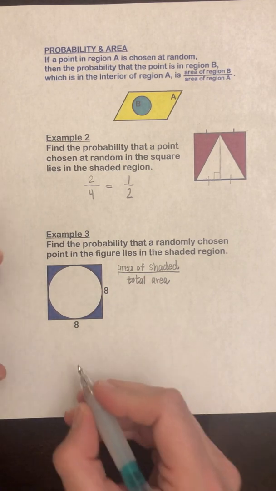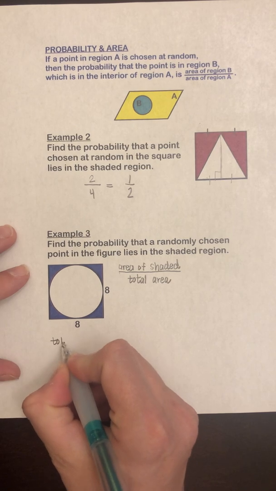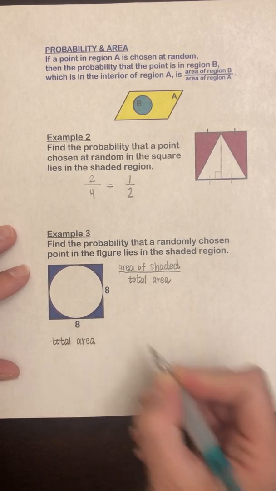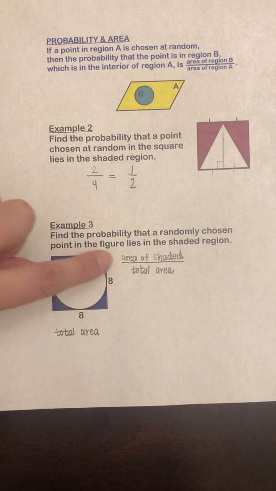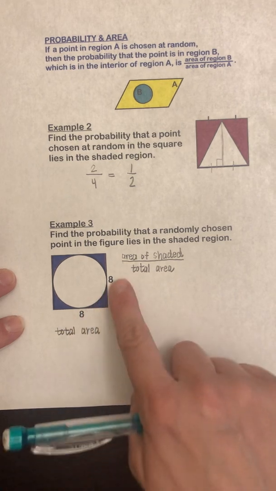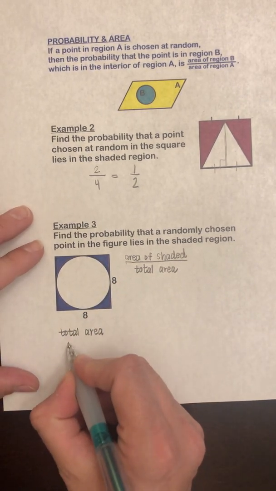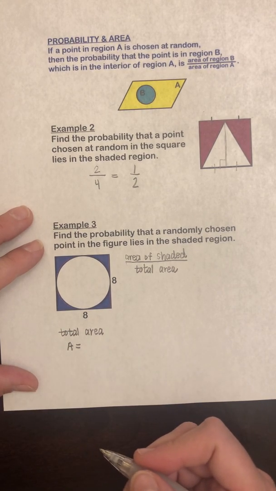So let's think off to the side. Let's just go over here and talk about a couple things. Let's start with the total area, because I find finding the total is usually a great and easy place to start. Total area is going to be the square. How do I know it's a square? Because the sides are the same value. How do you find the area of a square? Base times height, length times width, side times side.